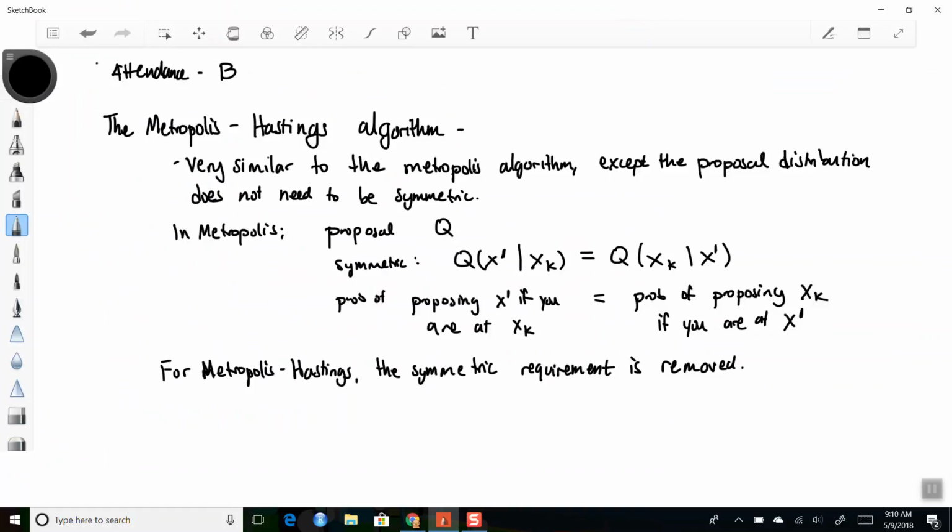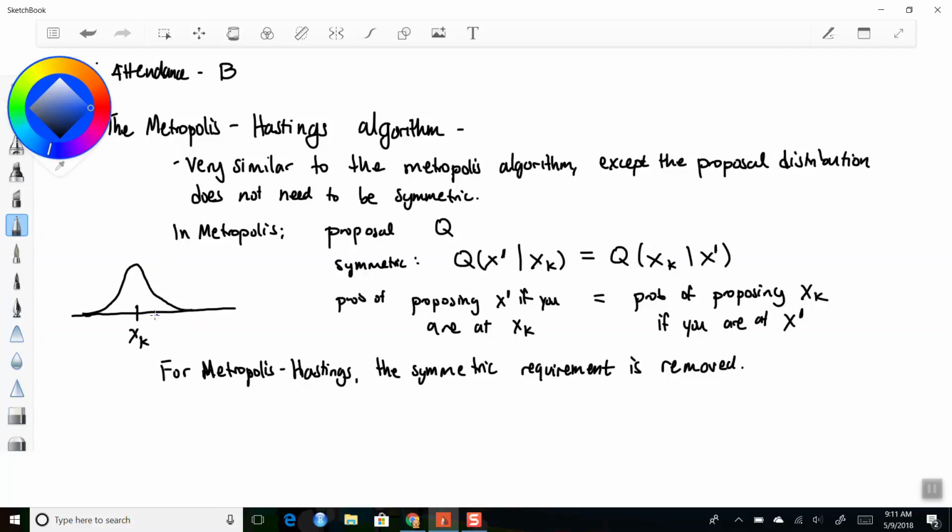So in the Metropolis algorithm, if you have xk and you have a normal distribution, you might ask, what is the probability we will propose x prime? Well, that probability is right there.